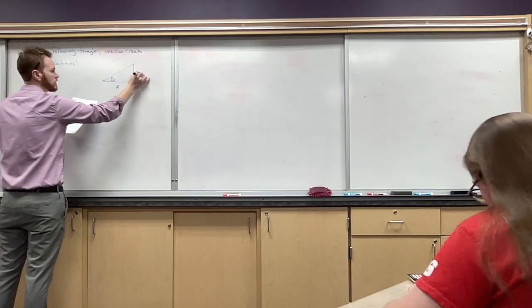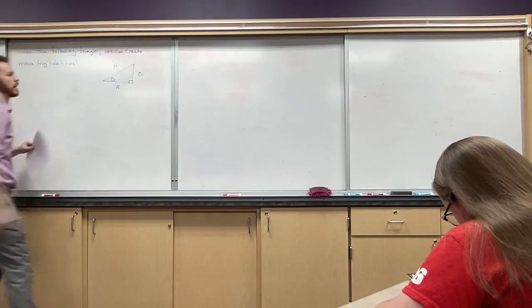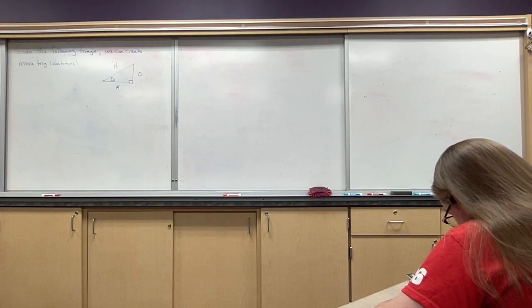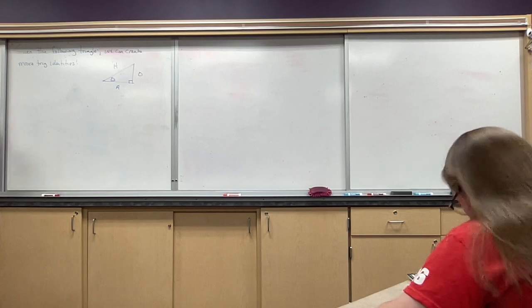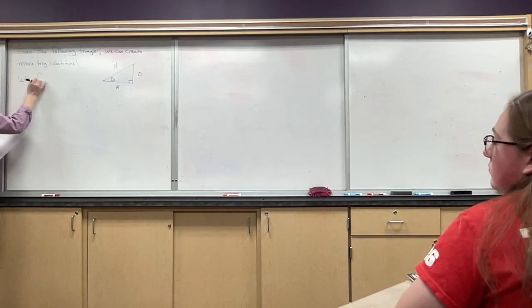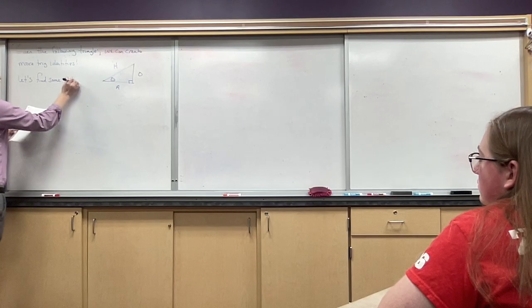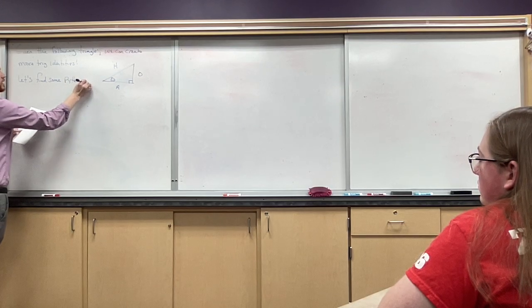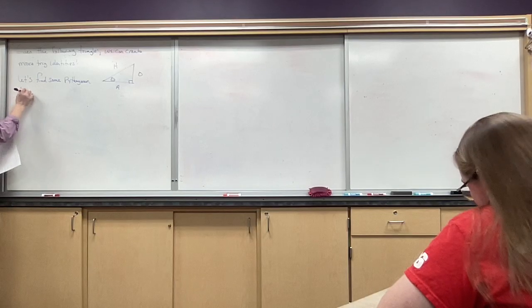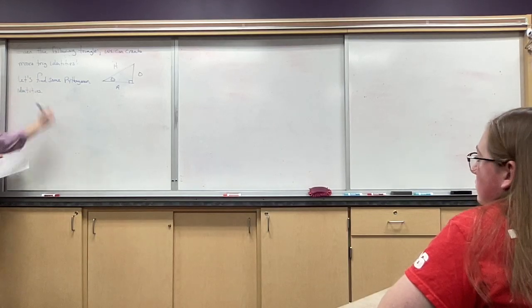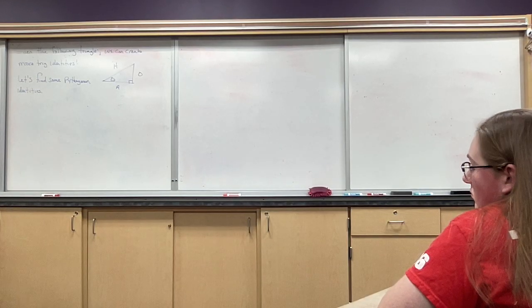And this is the adjacent side, the opposite side, and the hypotenuse. Let's find some Pythagorean identities. That's what these are called.